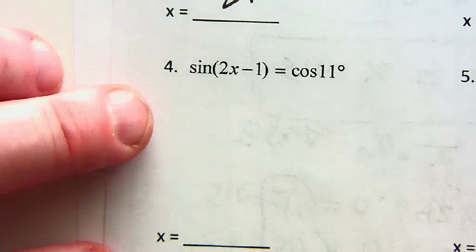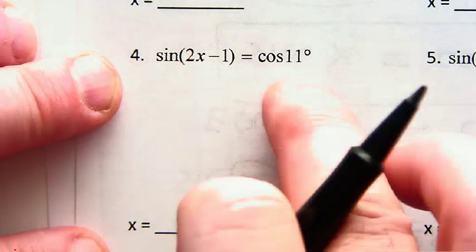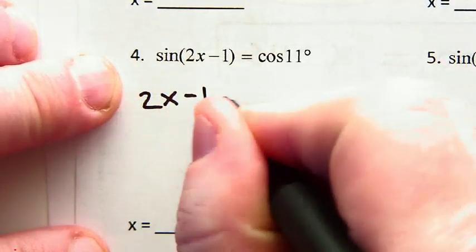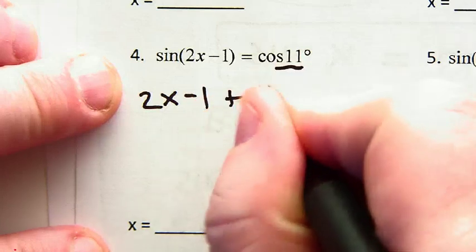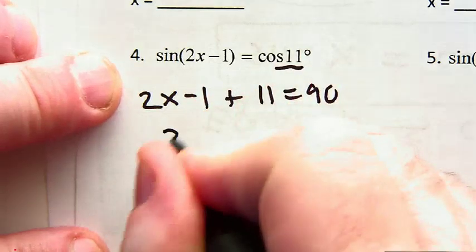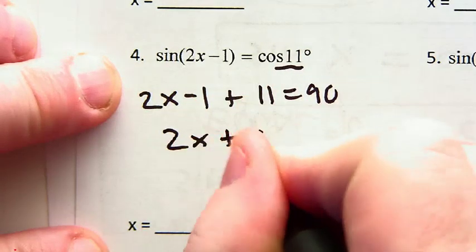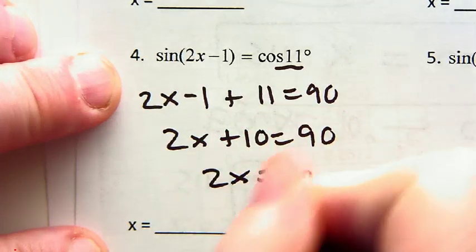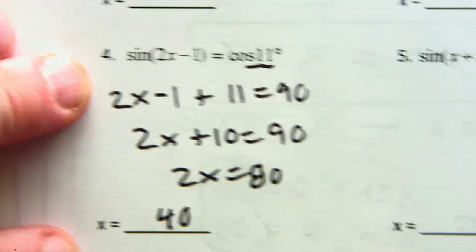They try and make these a little trickier by basically putting in some algebra, but what you know is that this angle, whatever it is, plus this angle over here has to equal 90. So you just set it up and solve like any other problem. 2x equals 80, x equals 40.